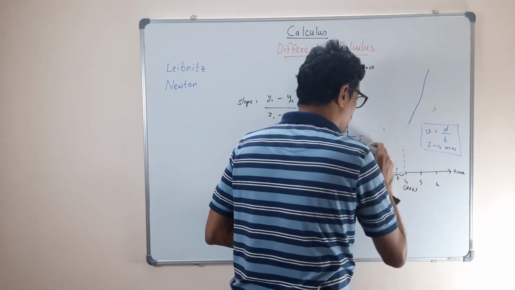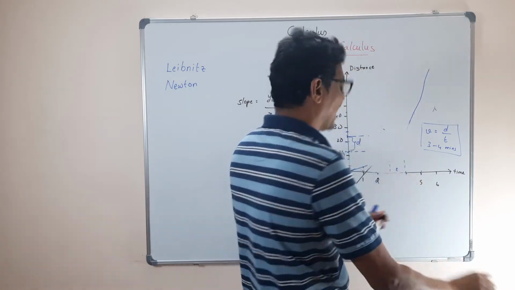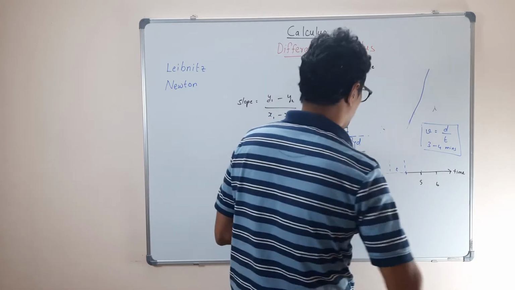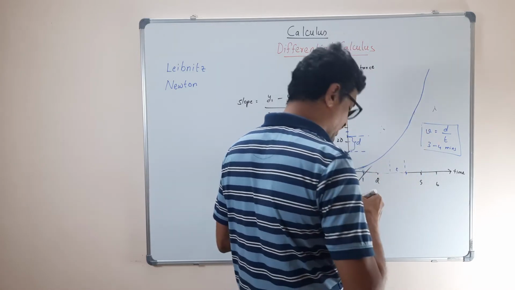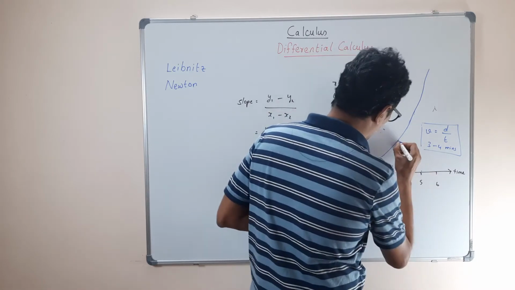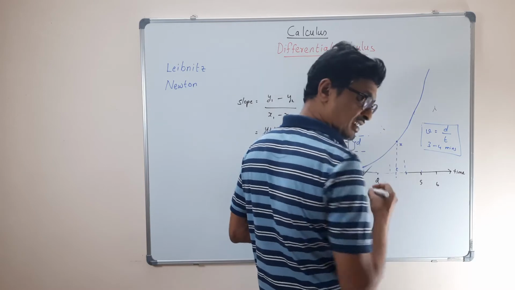So when I ask you what is your speed at 3 minutes, in our case here, we call it some x minutes. The moment I ask you what is your speed at x minutes, let us call x here.